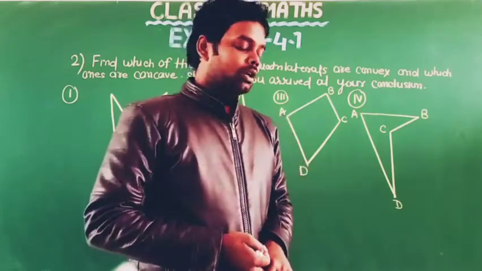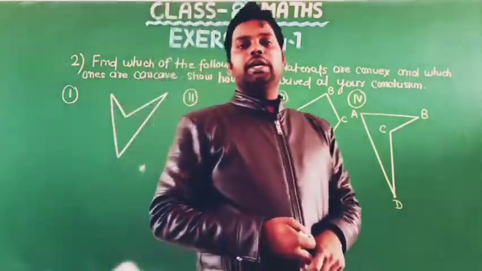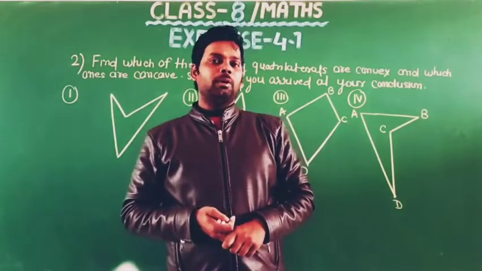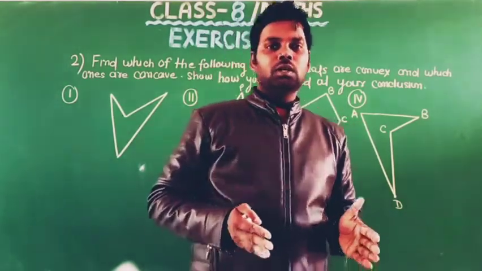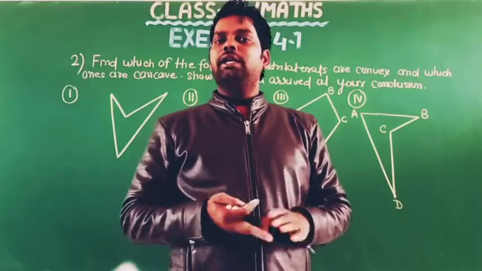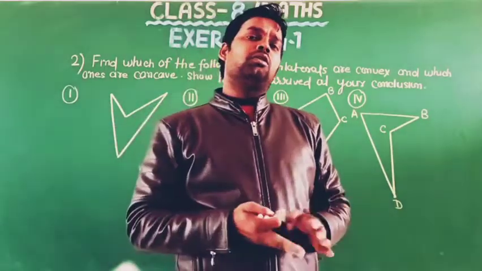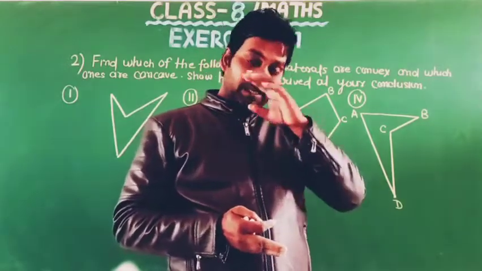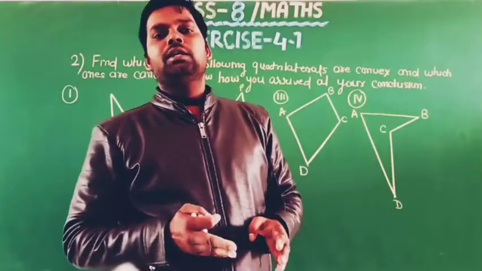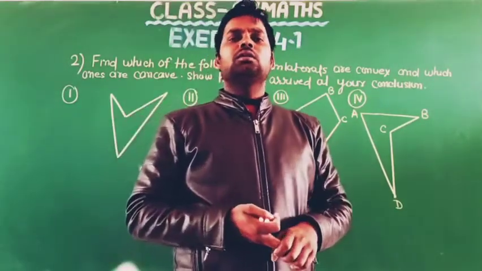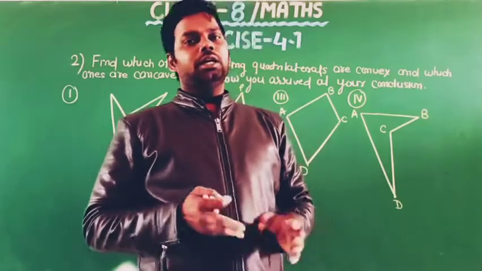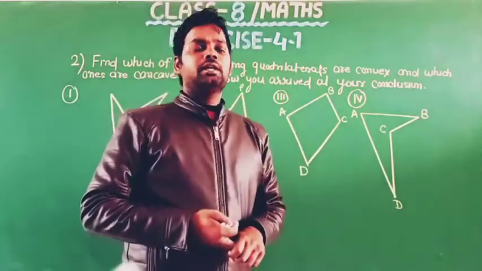A quadrilateral is said to be concave if one angle is more than 180 degrees, and if a diagonal drawn lies outside it.